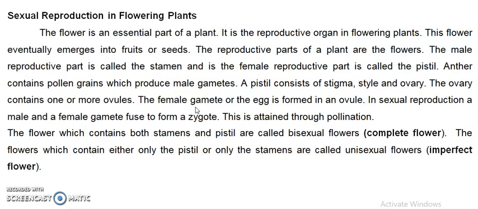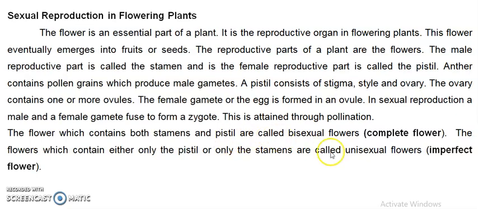This fusion of gametes is called fertilization, just like in sexual reproduction in other organisms. The zygote divides and develops into an embryo, and later into a seed. Then the ovary develops into a fruit.